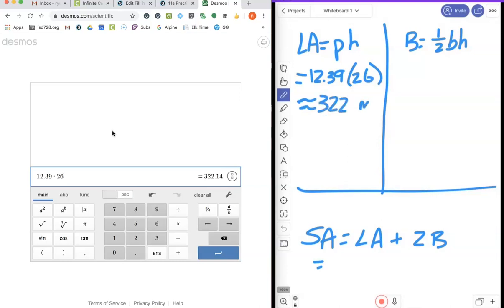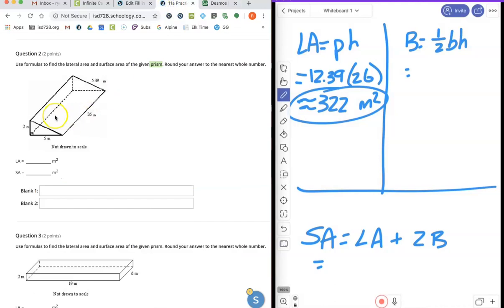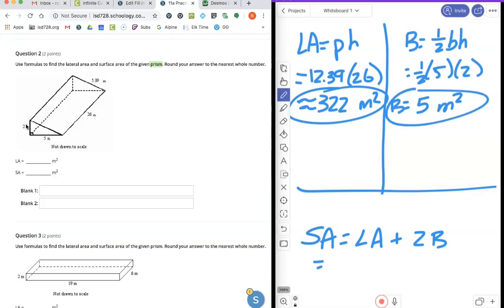And I think we're in square meters. So that's one of our answers. Area of one triangle is base times height divided by 2. So 1/2 times 5 times 2, that's like half of 10. So we have 5 square meters for one base. And since it's a prism, we know there are 2 bases.